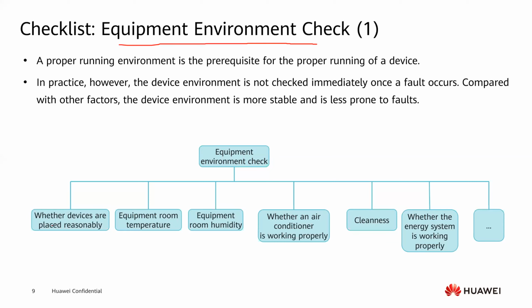We need to check whether devices are placed reasonably, the equipment room temperature, the equipment room humidity, whether the air conditioner is working properly, cleanness, whether the power system is working properly, and so on.